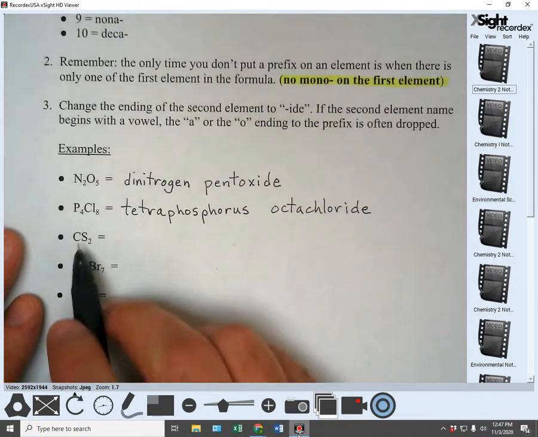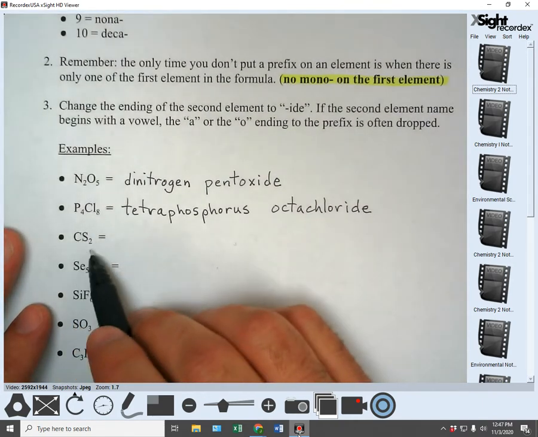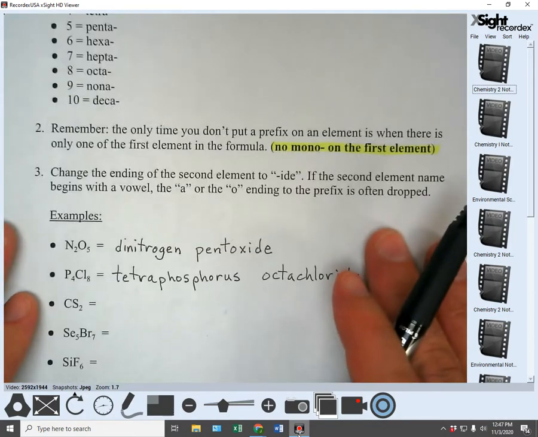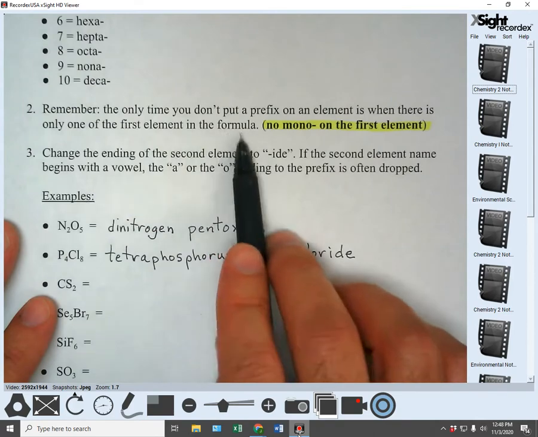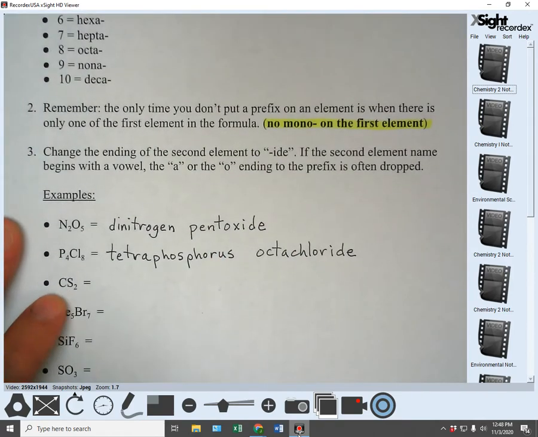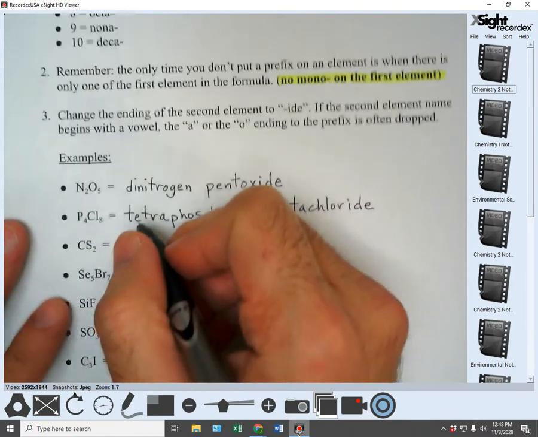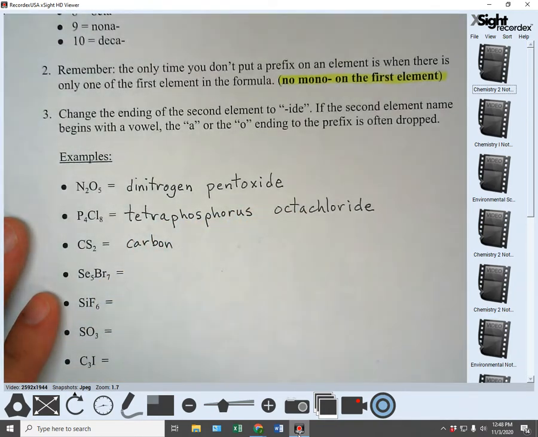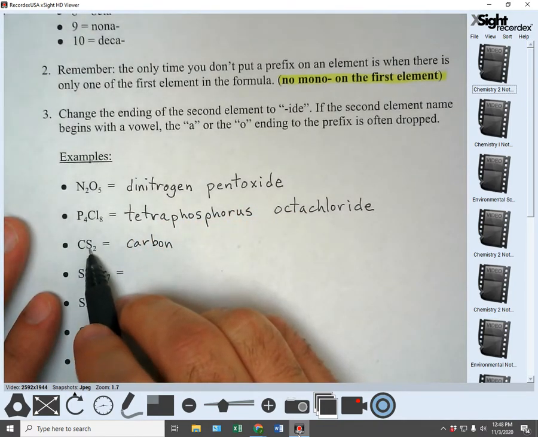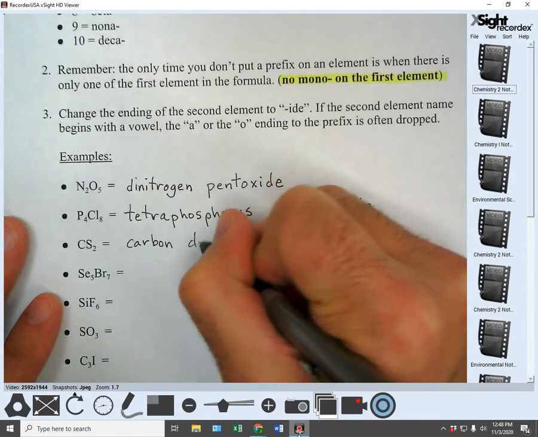Okay. Let's look at the third one. CS2. Remember, the only time you don't put a prefix is when there's only one of the first element. So we don't say monocarbon here, we just say carbon. 2 is di, sulfur turns to sulfide.